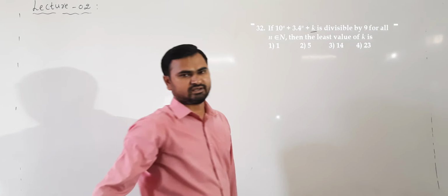Let us take some natural numbers and see what should be the least value for k so that the expression is divisible by 9. Let n is 1. So n is 1 means 10 plus 12 plus k is divisible by 9. It is 22 plus k is divisible by 9.